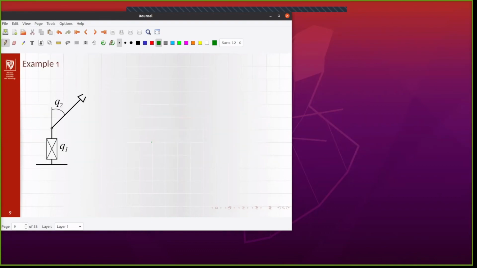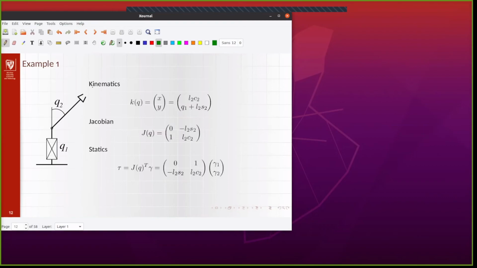Okay, so just to have a simple example of how it works, you can take a simple two-joint manipulator. We have one translation, one rotation, and when we calculate the kinematics and the Jacobian, that's nothing really special.